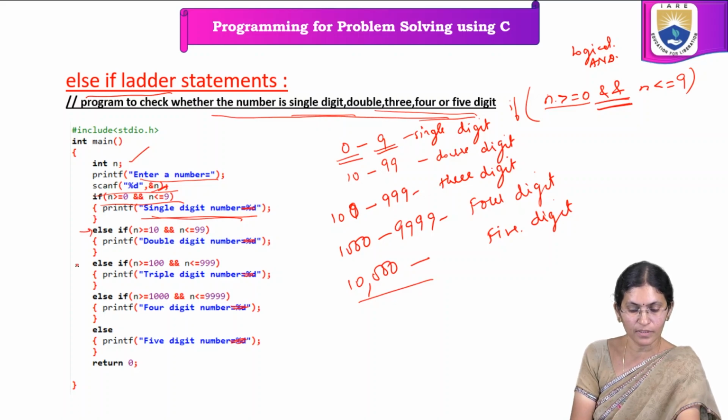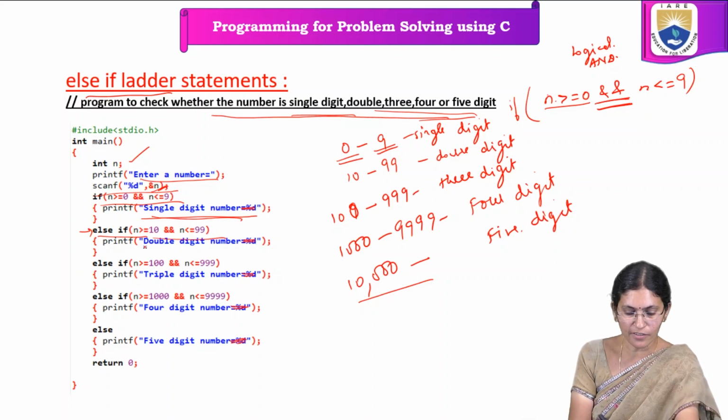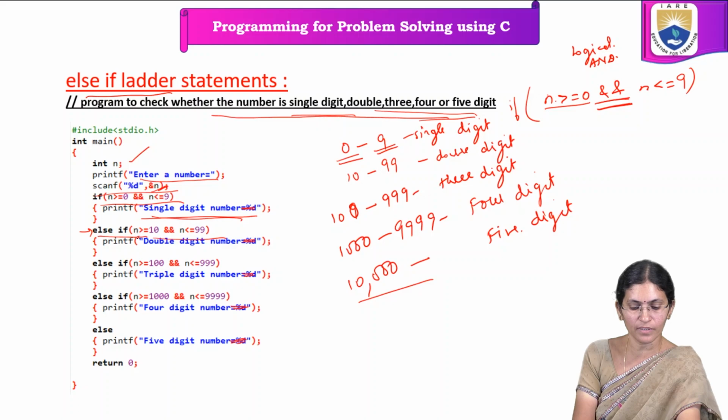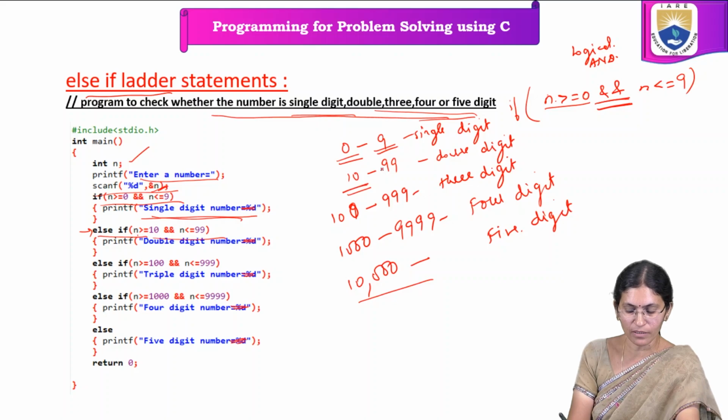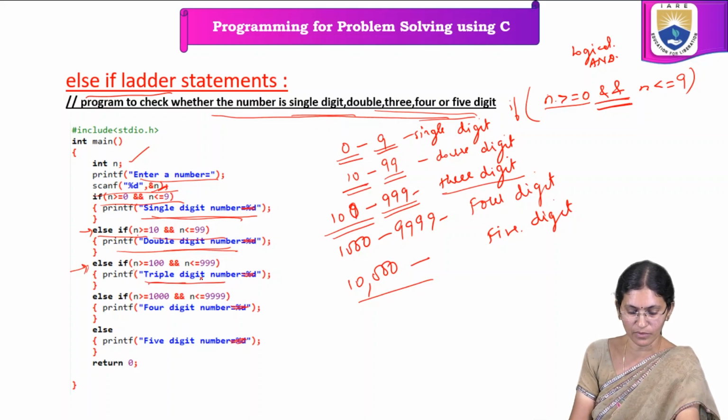Next, in the else if part, we need to mention the condition. If n is greater than or equal to 10 and less than or equal to 99, that means n lies between 10 and 99, then the statement to be printed is double digit number. Then the next condition is for a 3 digit number: the number should be between 100 and 999, so it is a 3 digit number, or you can write triple digit number also.